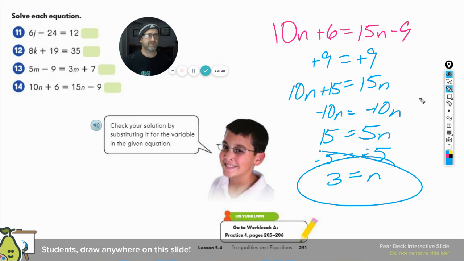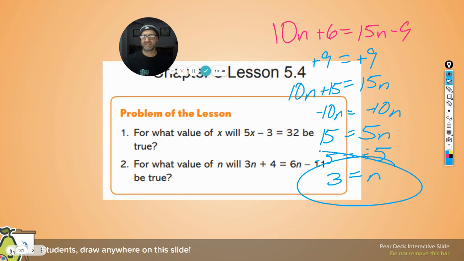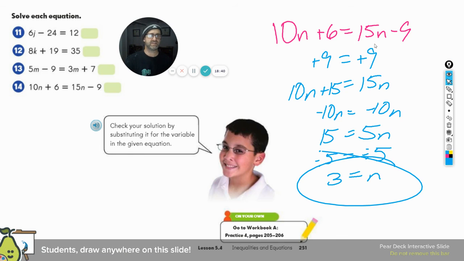Another long one today. What's up with that? You got this. Apparently there was an exit slip yesterday. I didn't have it available because there was one of these problems where you had the variable on each side. So I waited on that. So you'll have 2 exit slips posted today.